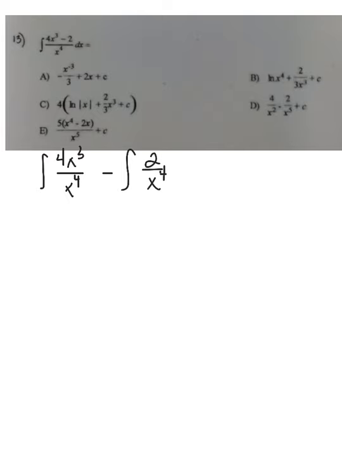All right, so now this one on the left-hand side, I'm going to simplify that a little bit, and that's going to be the integral of 4 over x dx, and then minus, and this I am going to make that 2x to the -4th dx.